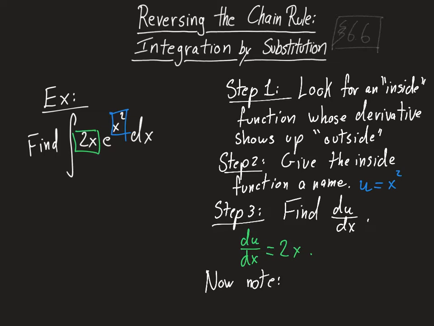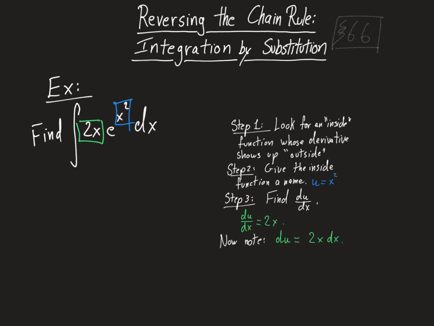Now note that if du dx is equal to 2x, then du is equal to 2x times dx. And this isn't exactly a multiplication, but you can think about this as multiplying on both sides by dx. That's not exactly what's going on, but it's close enough. And it's not something that you guys should worry about.